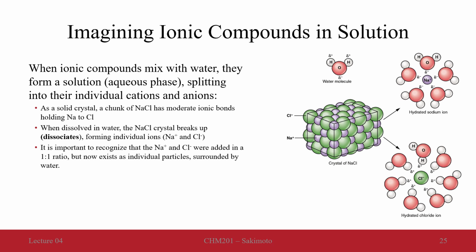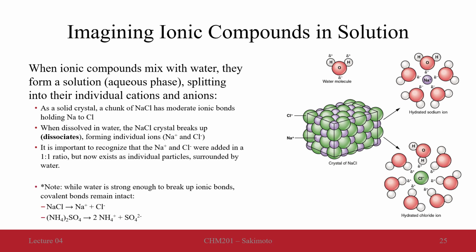Whenever we have solutions of ionic compounds that dissociate in this way, we have to think of our reaction not occurring between a crystal of sodium chloride, but between a solution of sodium ions and chloride ions floating freely and independently within the same mixture of NaCl and water.